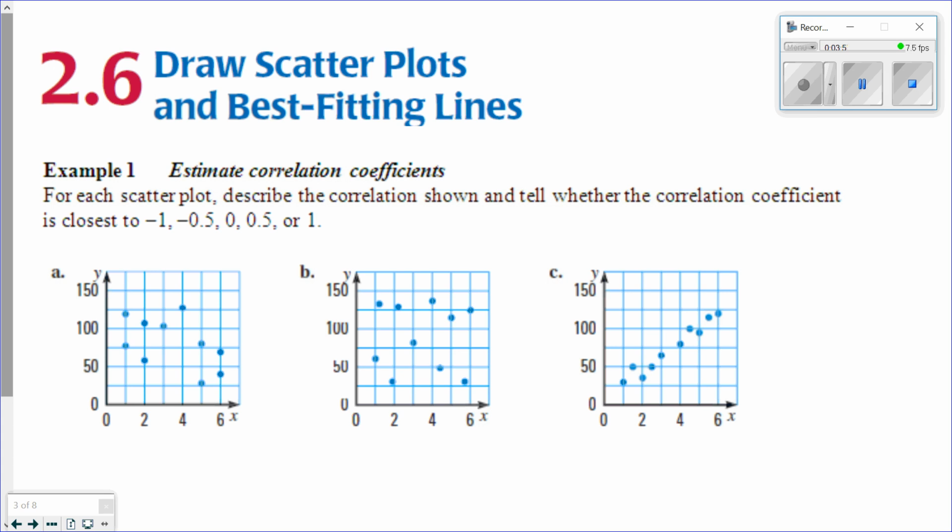With our correlation coefficients, this first one, -1, says that there is a strong relationship between x's and y's, and the slope is negative.